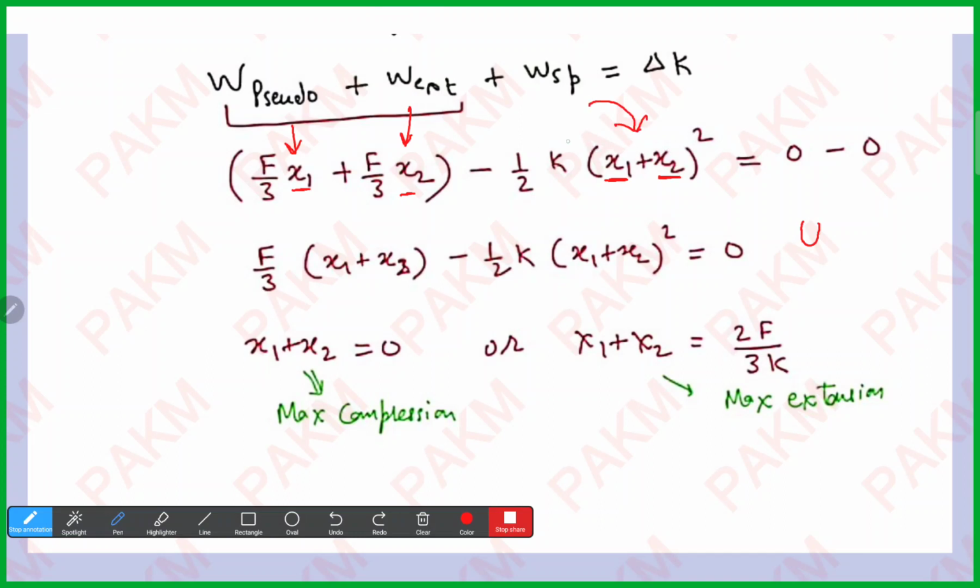Initially and finally the kinetic energy is 0.